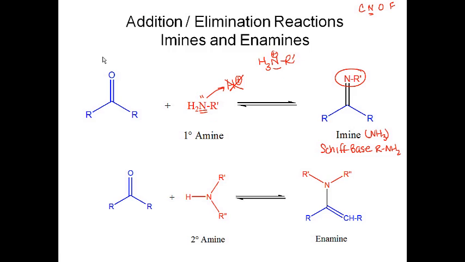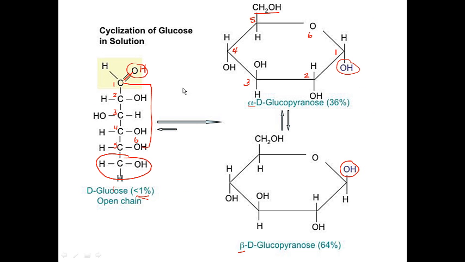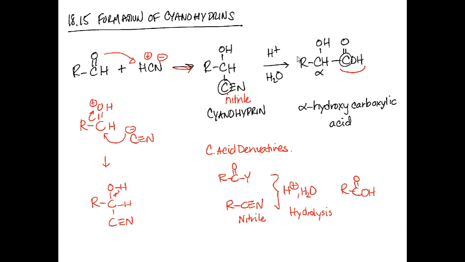We've gone back and looked at the idea that sugars, carbohydrates, when they exist in their cyclic form, that's nothing more than a cyclic hemiacetal or a cyclic hemiketal. And we can form cyanohydrins. Cyanohydrins are really useful if I hydrolyze the nitrile group to form an alpha hydroxy acid, which are important skincare products.